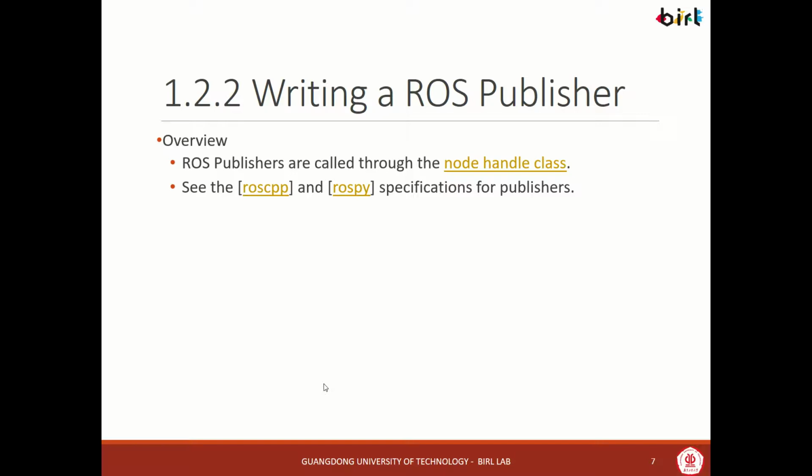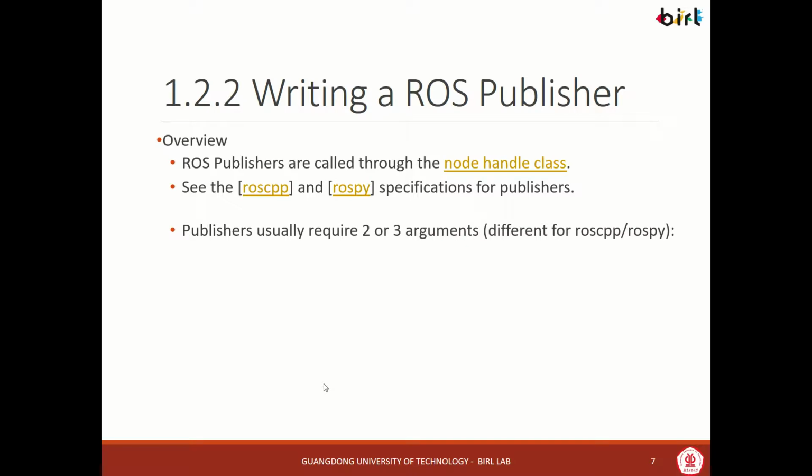And each of these two languages has a specific ROS API library to facilitate the implementation of a node and its publications and subscriptions. You can click on each of these links to find more details about those implementations.